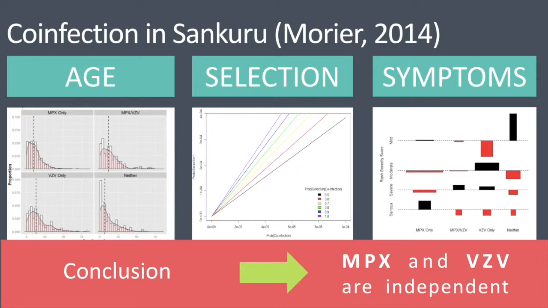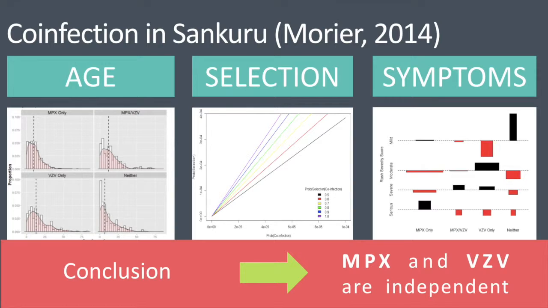And he looked at symptoms and determined that monkeypox is significantly more severe than a co-infection, and a co-infection is more severe than a chickenpox-only infection. So having a co-infection does not increase the severity of your symptoms.